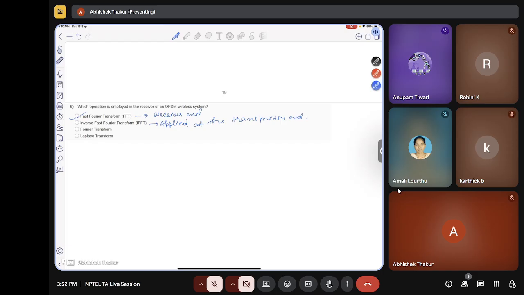So let's suppose the symbol is given x0, x1, x2 dot dot xn. Initially we give it into the serial to parallel demultiplexer, and then we do n point IFFT.